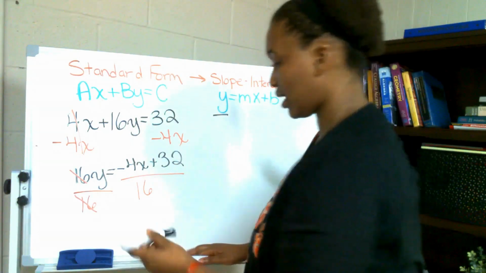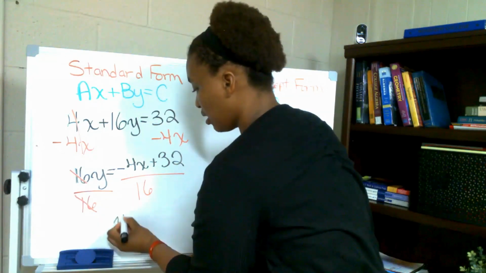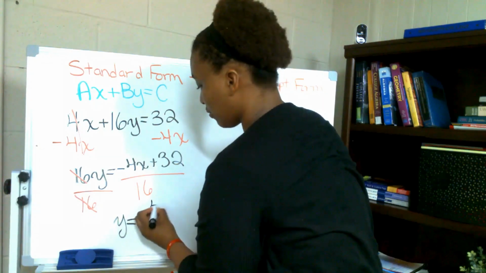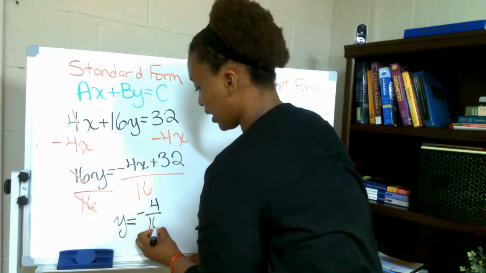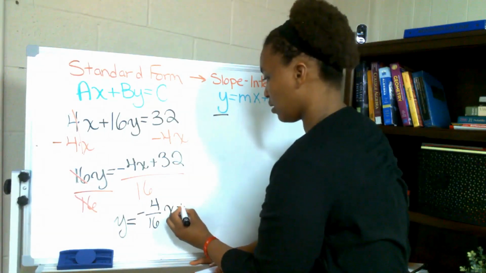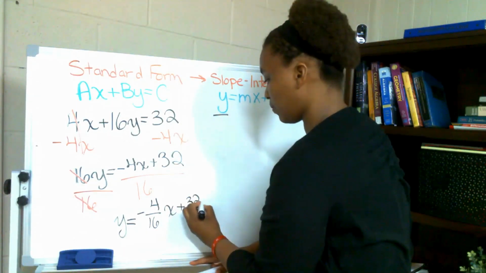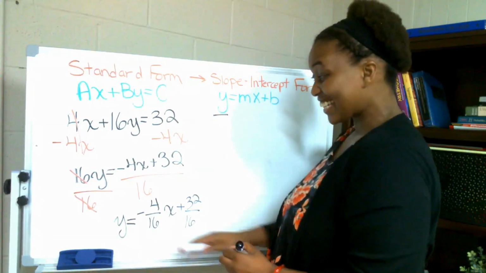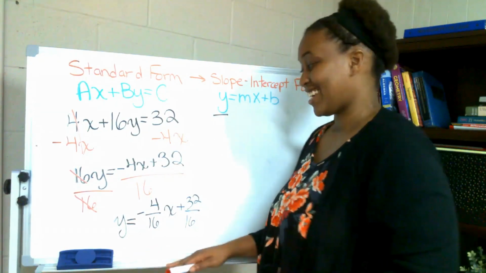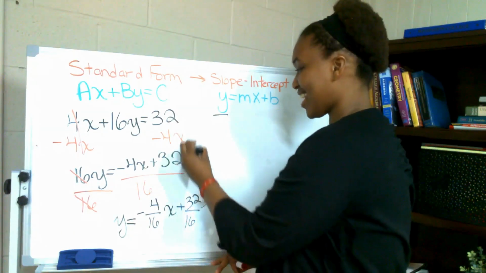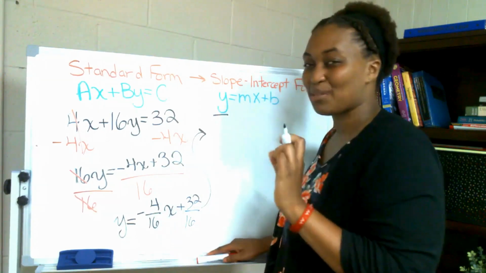And we also need to divide every term on my right-hand side by 16 also. Alright, so now I have y equals negative 4 over 16 x plus 32 over 16. Okay? And look, we have our y isolated. This is the slope-intercept form, but let's rewrite it at the top here a bit more simplified.